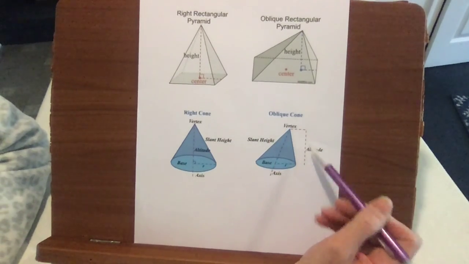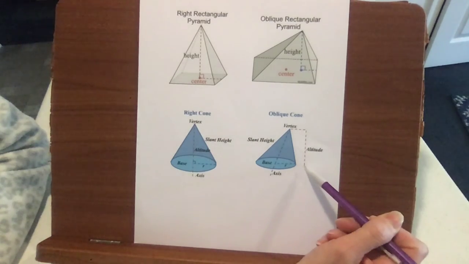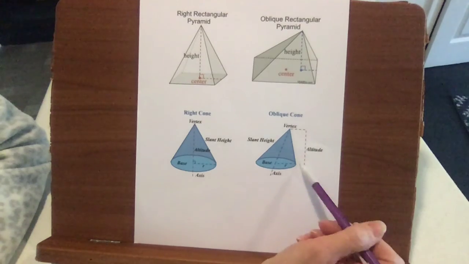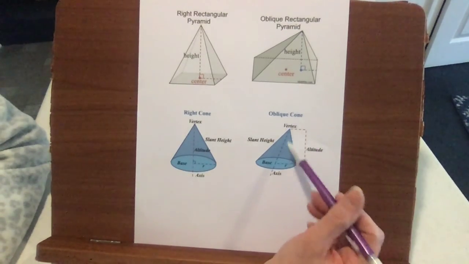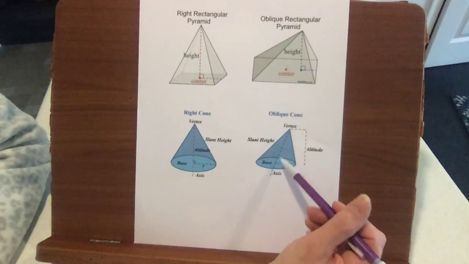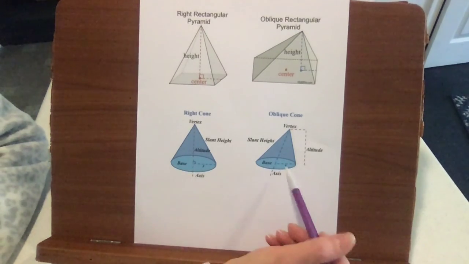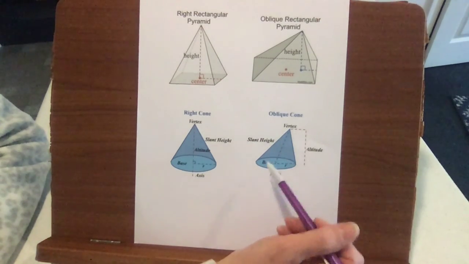It still has a height or an altitude from the vertex down to the base, but it's not at the center of the base. It's just how high this thing goes from the bottom base all the way up to the top. That is not the same as this slanted line here, which is not meeting at a right angle as it would in the right cone. And that's still your radius here. This up here is not your radius.